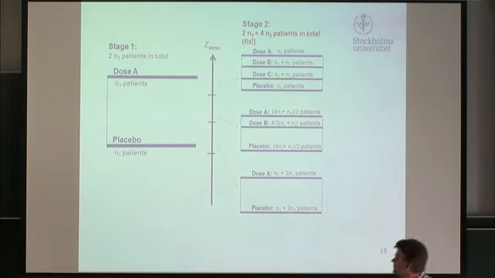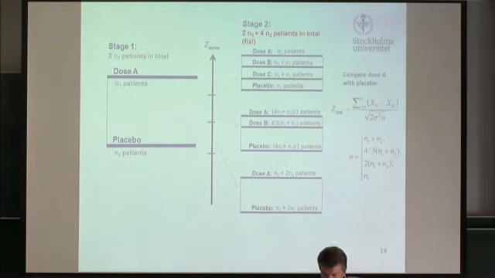So this means in this case we have a fixed number of patients in total, which you can calculate. But for the test, when we compare dose A with placebo, we have a flexible sample size.